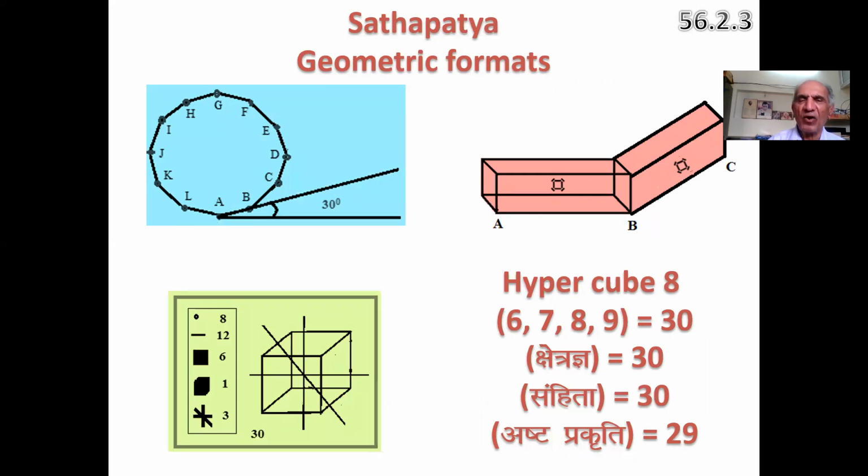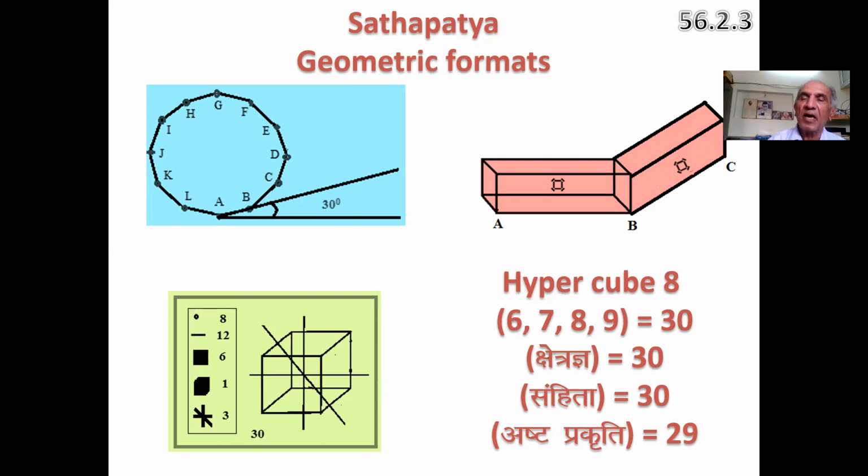The geometric formats as are depicted on the computer screen bring us face to face with distinct features, and one amongst them is that cube, hypercube 3, is a setup of structural components 30 in number: 8 corner points, 12 edges, 6 surfaces, 1 volume and 3 dimensions.